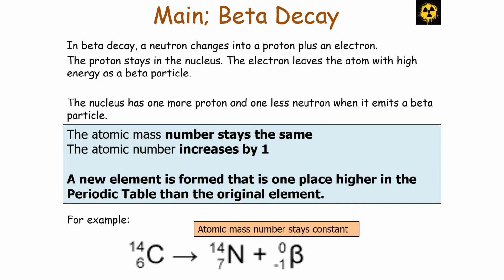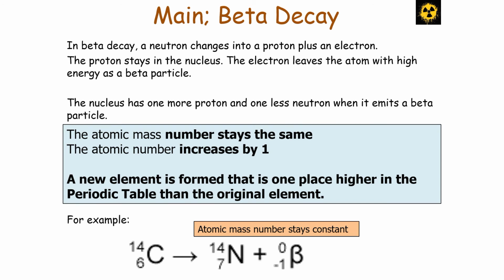So in beta decay, a neutron changes into a proton plus an electron, the proton stays in the nucleus and the electron leaves the atom with a high energy as the beta particle. So the atomic mass number has stayed the same, but the atomic number has increased by 1. Therefore a new element is formed that is 1 place higher in the periodic table than the original element.